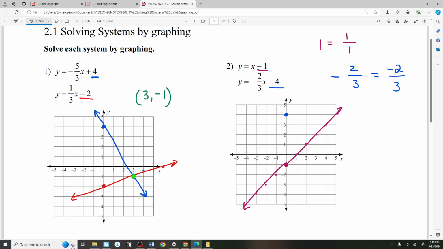In this case, I stuck it in the numerator. So that helps me remember I go down 2 over 3 to the right. So down 2 and over 3 would put me around about there. And then let's see if I can draw this nicely.